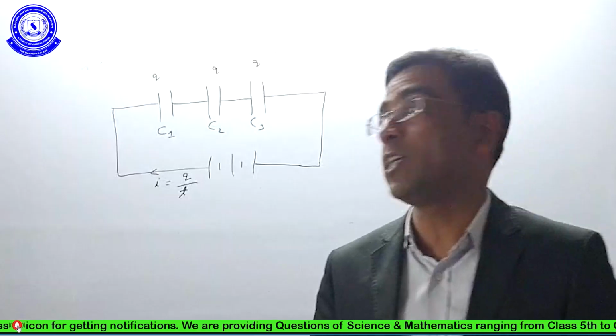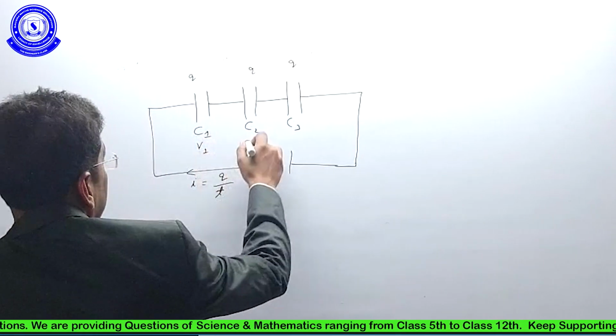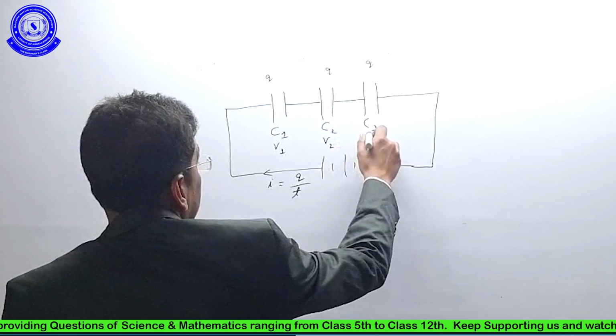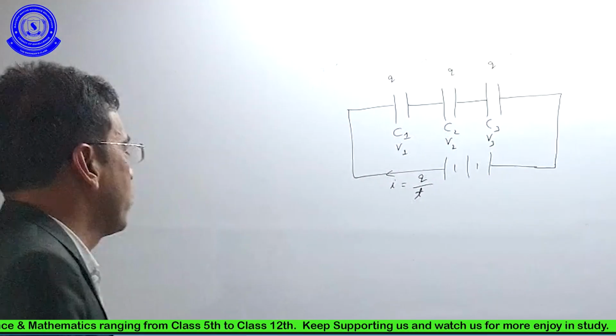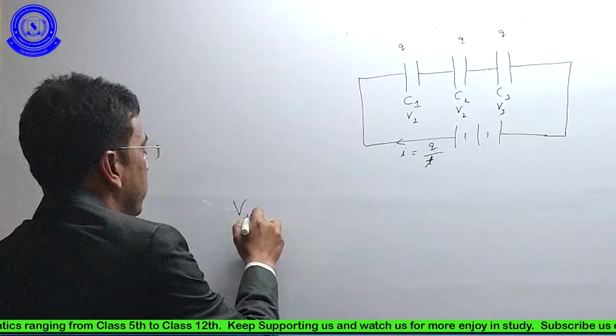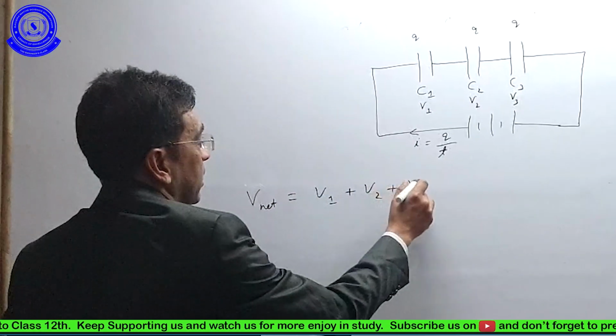If the potential difference for this capacitor is V1, this is V2 and this is V3, then the formula for total potential drop is V1 plus V2 plus V3.